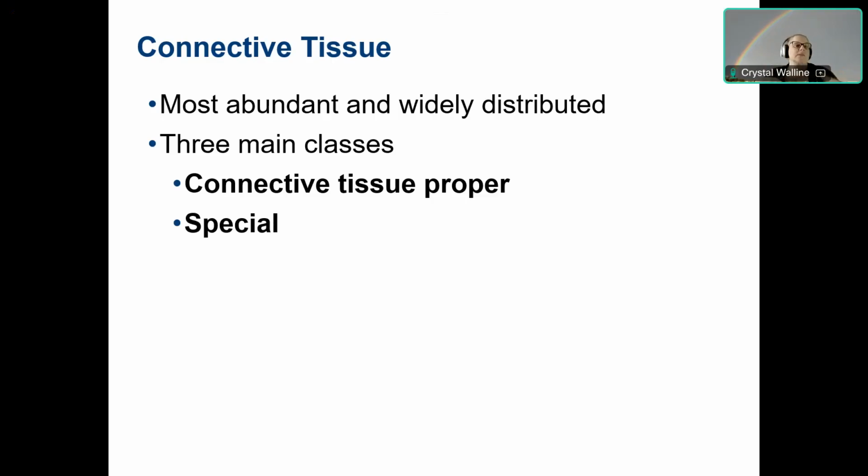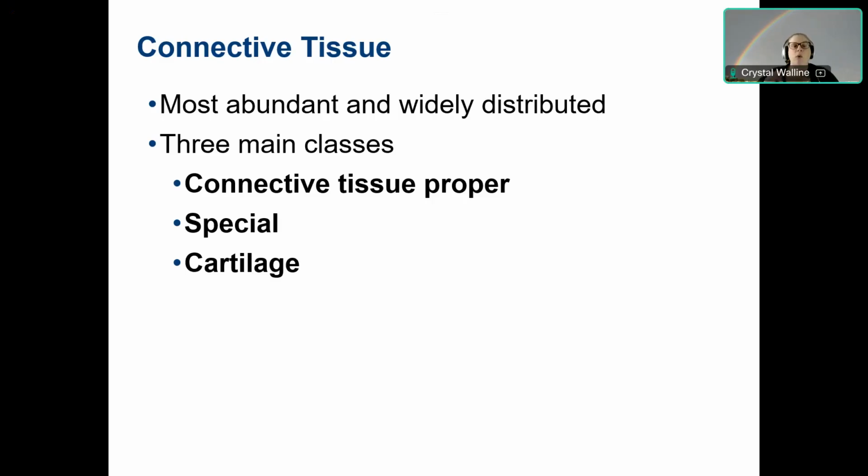The second class is special, and those tissues are in their own category because they really don't fit into proper connective tissues, and you'll see why in a little bit. And they also don't fit in our third class, which is cartilage.